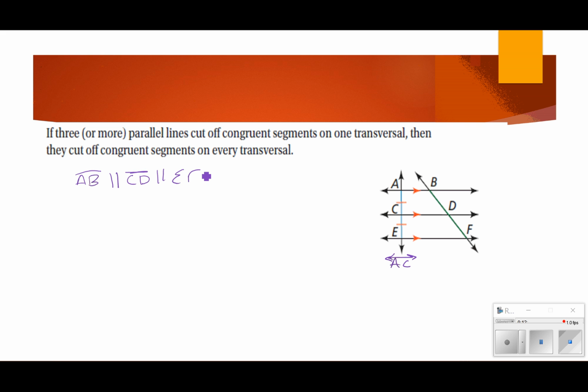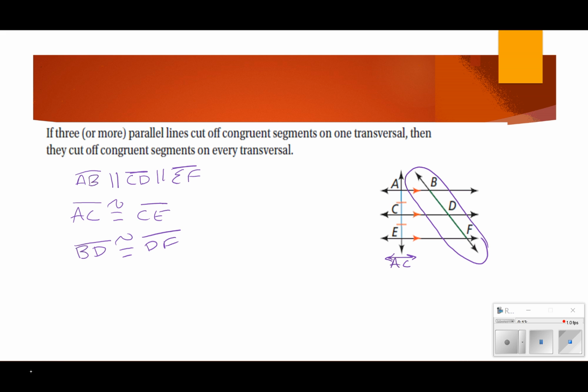So all of those are parallel. I've got AC, according to this drawing, congruent to CE. Okay, so since I know on that transversal those are congruent, that means on this transversal, those segments are also going to be congruent. So by this theorem, we know that BD is congruent to DF as well. So just another theorem within that chapter.